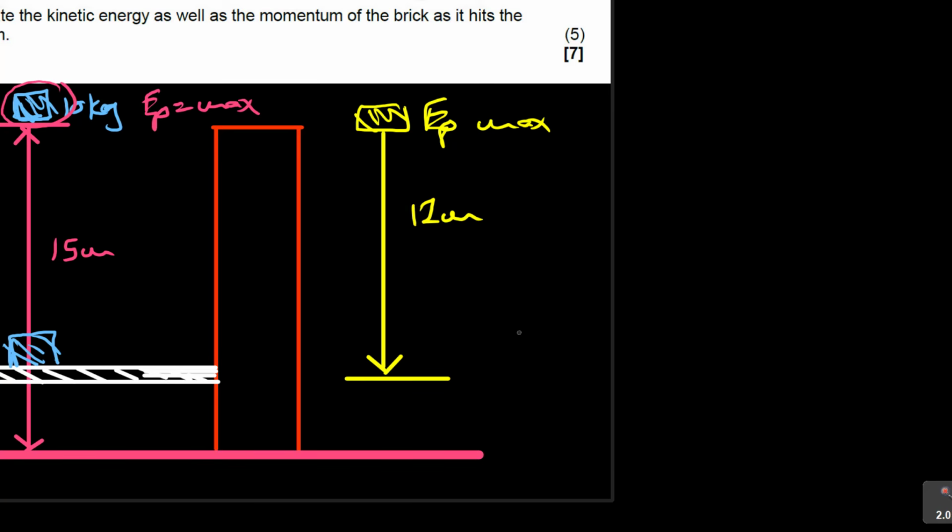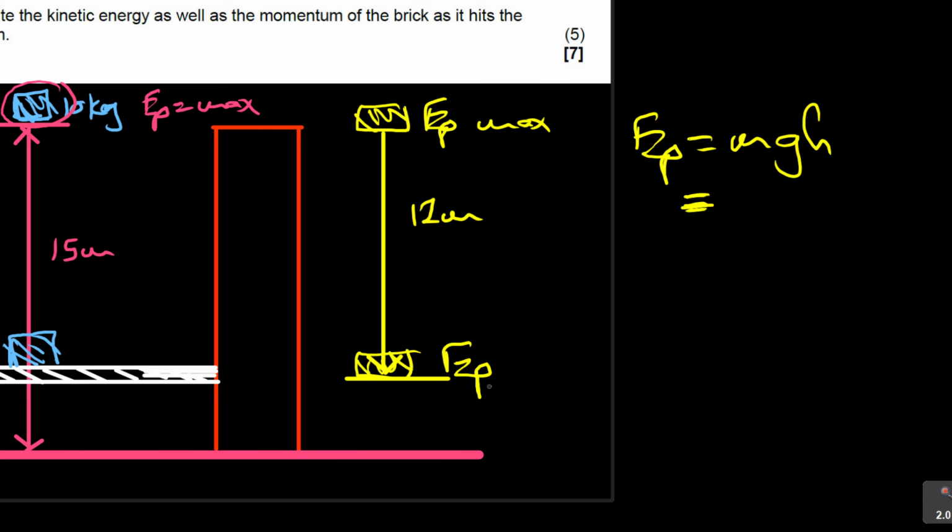Are you seeing that? Now because it has fallen 12 meters, you can come here and say EP being mgh, that's the formula for EP, and then you can find the potential energy this particular object has lost. Remember, potential energy is at maximum, so we want to find the EP here, the potential energy here at this point, right?